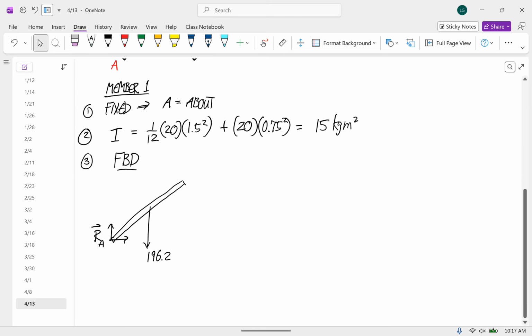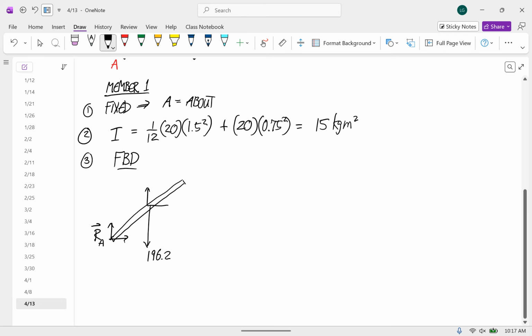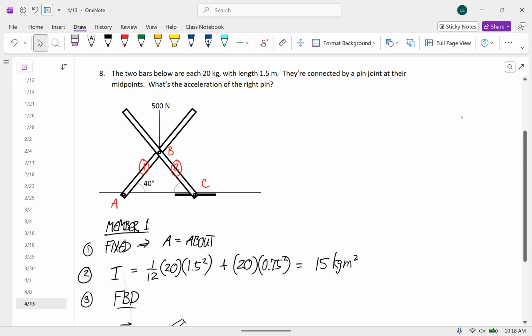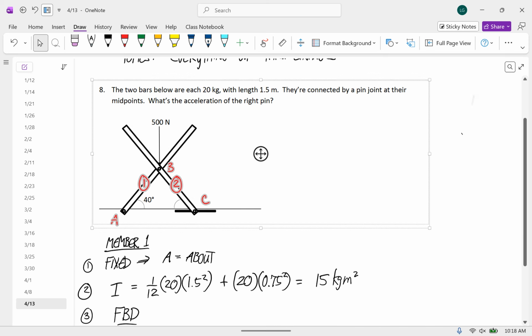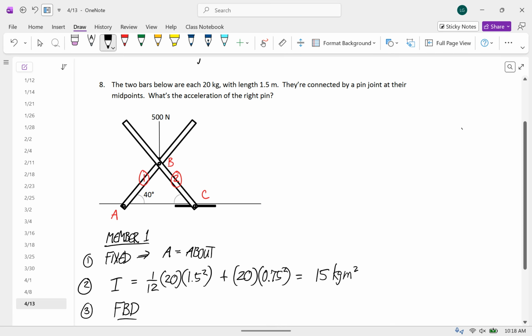Then we have the force vector on 1 by 2. And then on one of the two members, we have to apply this 500 Newton force, not on both of them. The people who took statics with me, maybe you remember, I always put it on the lower number of the two members that are connected.